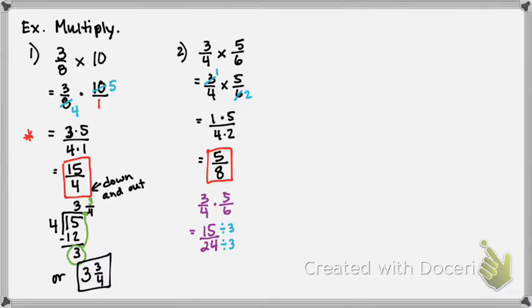As well as going evenly into an odd number. So it's a little harder to see when I have larger numbers. So 15 divided by 3 is 5. 24 divided by 3 is 8. And I get the same answer. So that's an alternative, but I'm going to tell you, people that wait to the end often forget to even try to reduce.